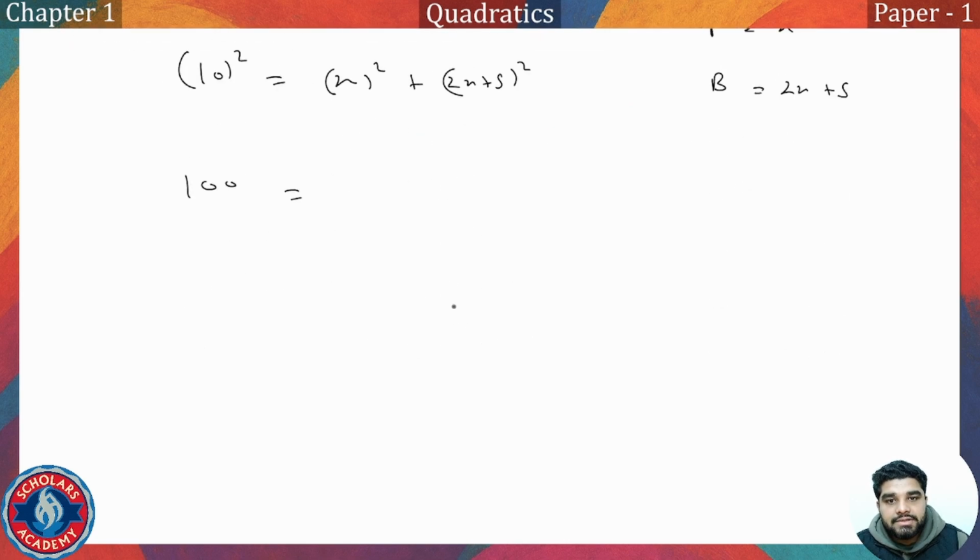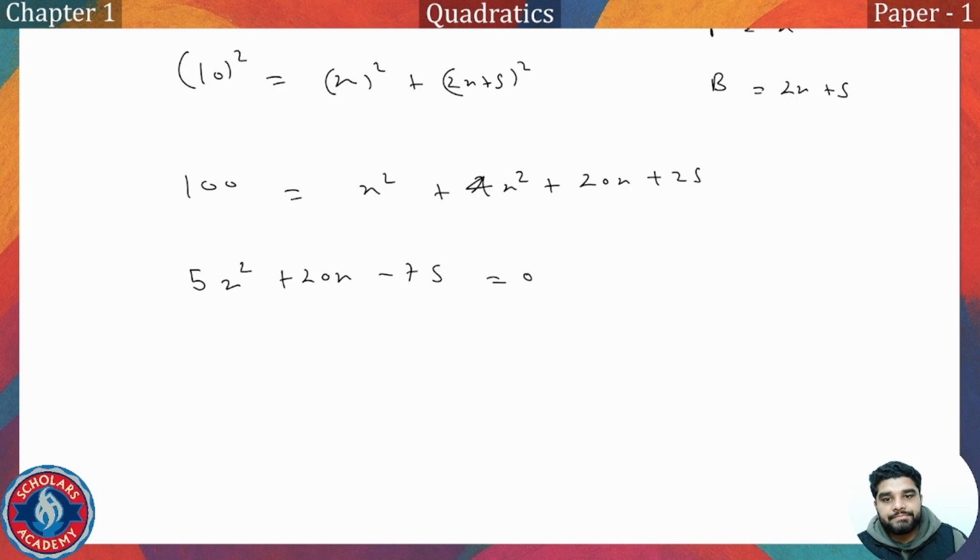Now we get 100 is equal to x square plus, we'll open this whole square, we get 4x square plus 20x plus 25. So we'll simplify it. 4x square plus x square gives us 5x square, 5x square and 20x and 25 minus 100, minus 75, is equal to 0.